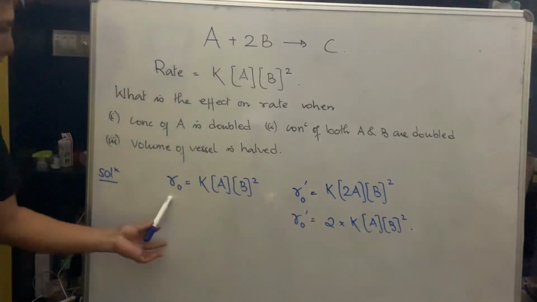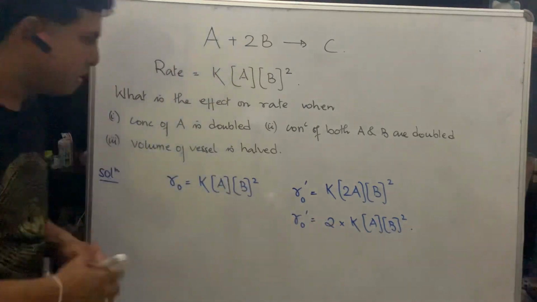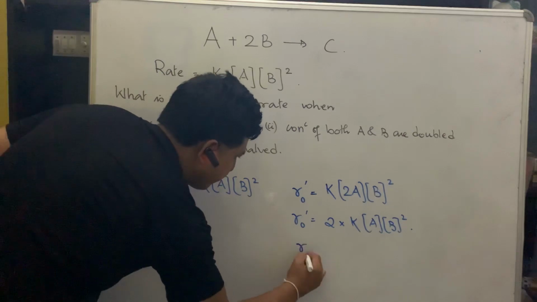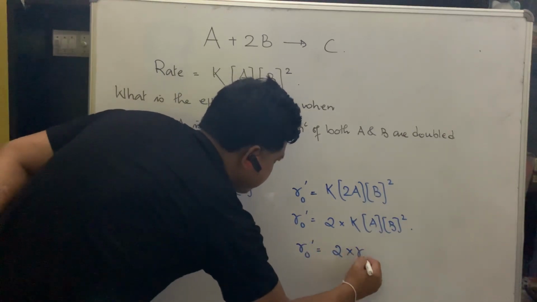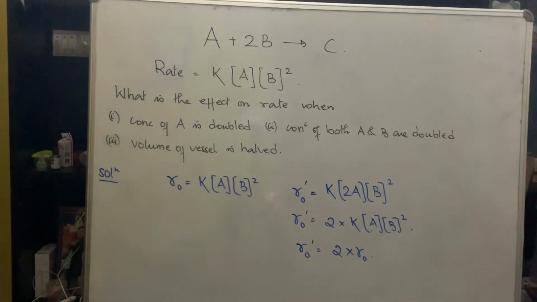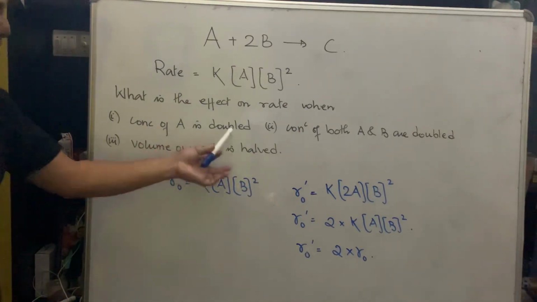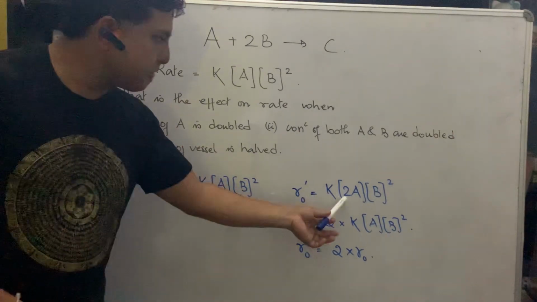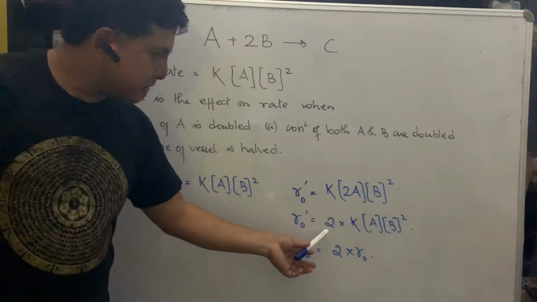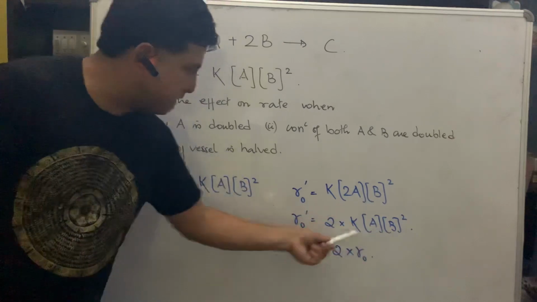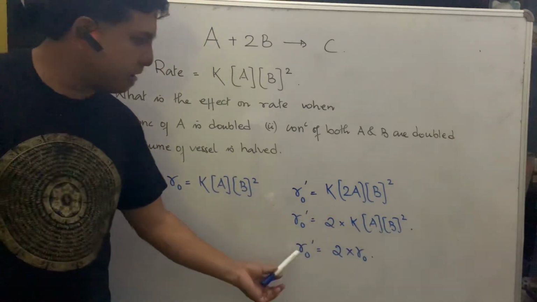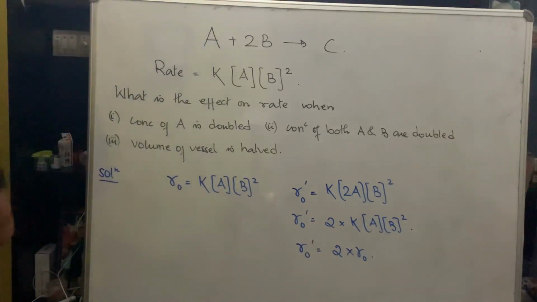This was the initial rate. So the new rate R naught dash becomes equal to twice the initial rate. When the concentration of A is doubled, the new rate becomes twice the initial rate, R naught.